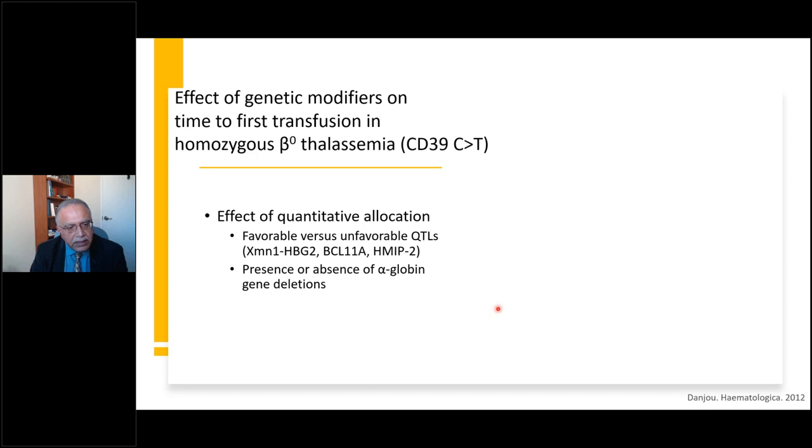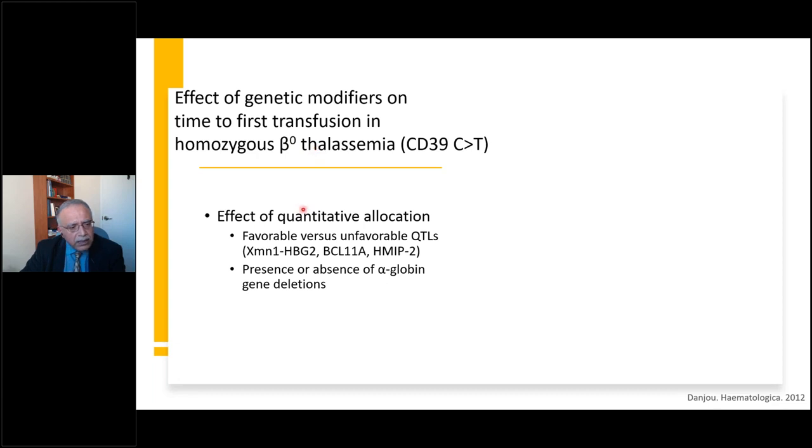Just to emphasize the importance of these quantitative trait loci, I would like to present data from a study from Italy that looked at patients who had homozygous beta 0 thalassemia and determined the phenotypic variability, or the severity of anemia, within a group that does not produce any beta globin chains.